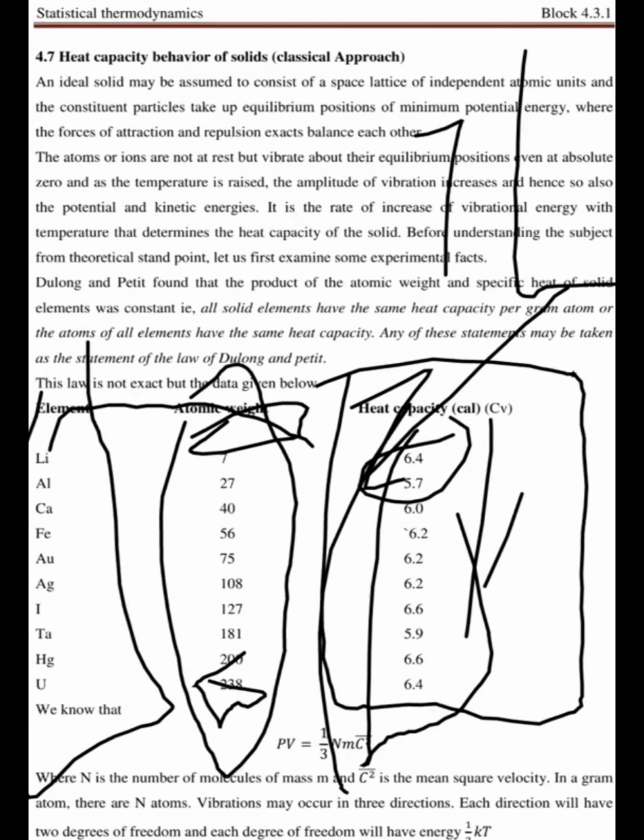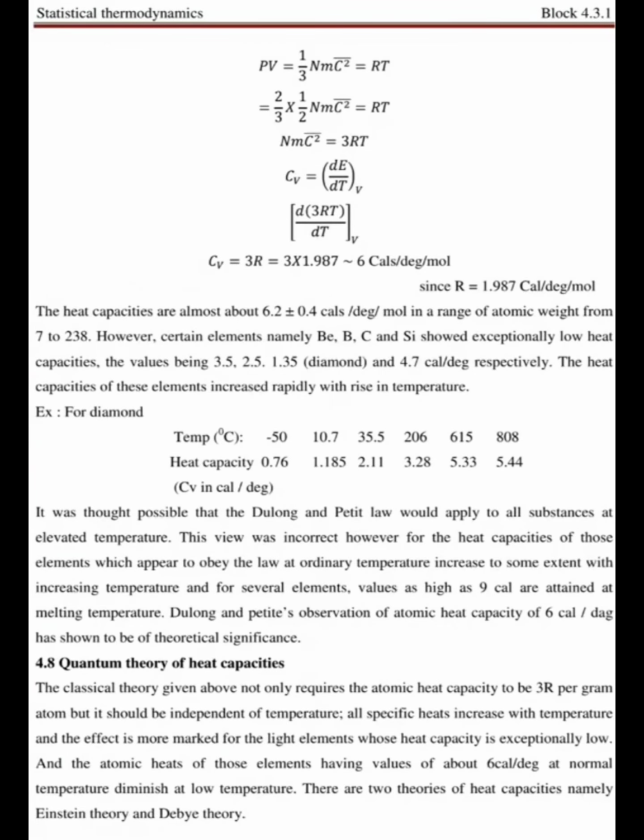For diamond, it was around 1.35, and for silicon, it was around 4.7. So this law of Dulong and Petit failed for some of the elements. So that is what we are given.